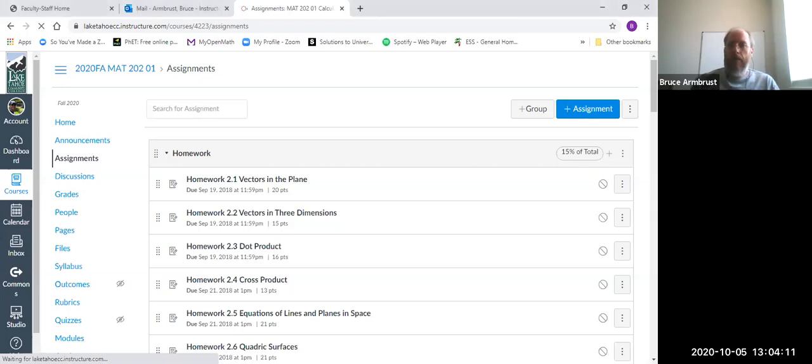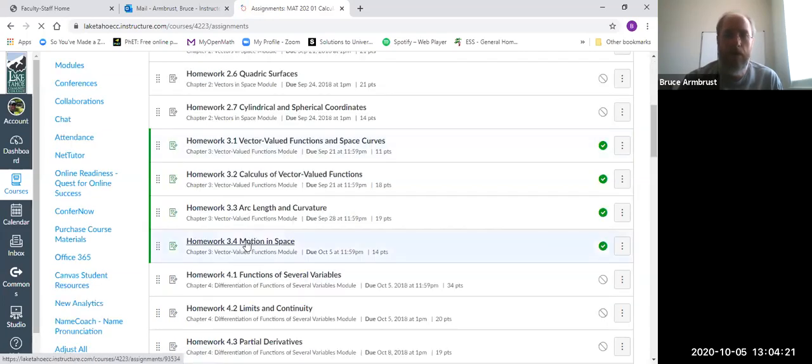Okay, so let's go take a look at that one for Ralph first from section, what was it, 3.4. Good old motion in space.